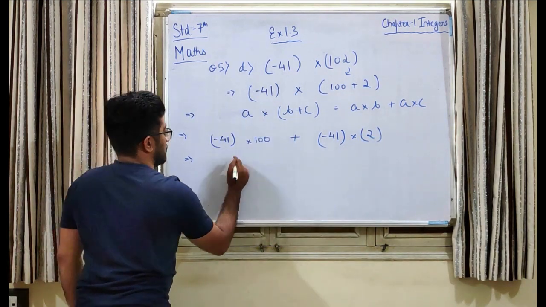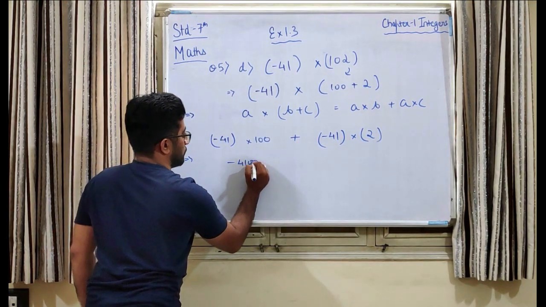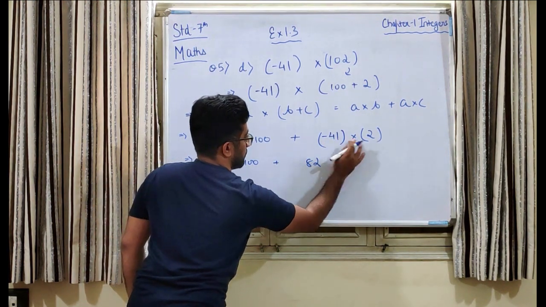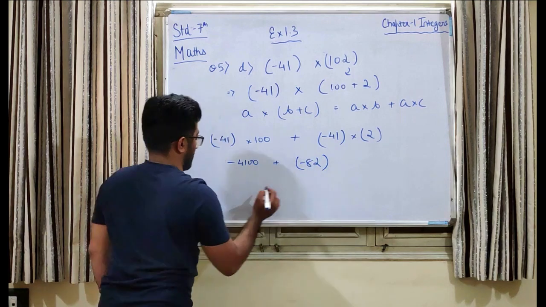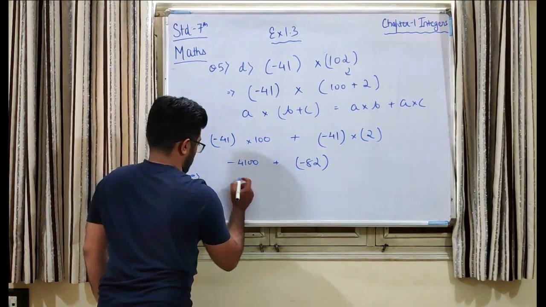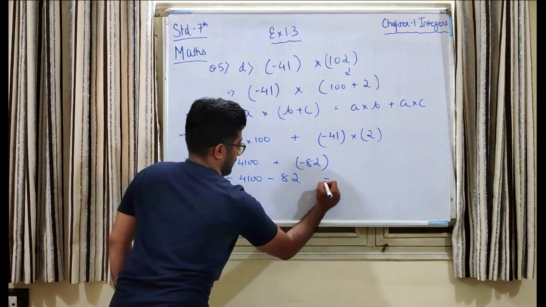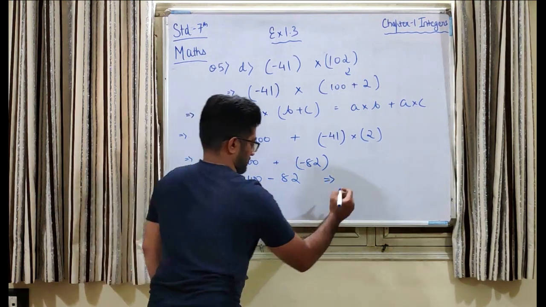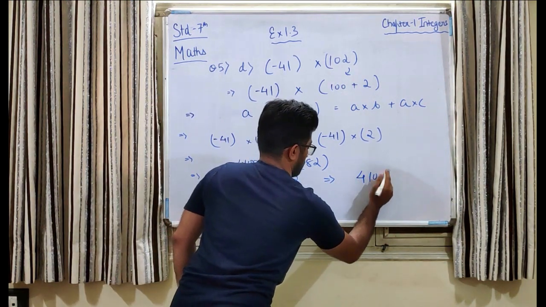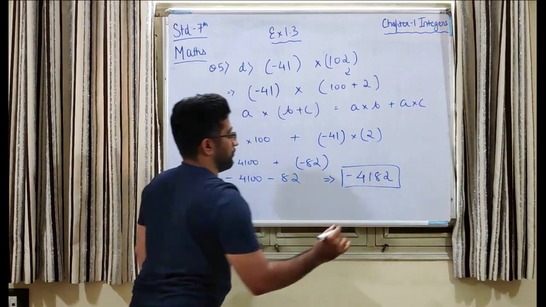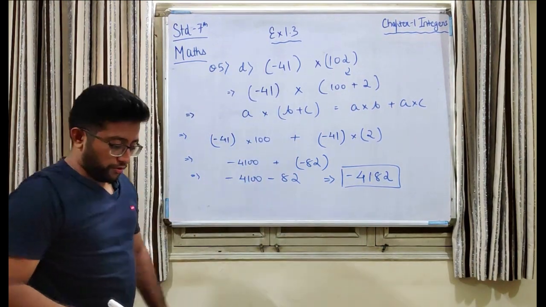So minus 41 into 100 is minus 4100, plus 41 into 2 is 82, but plus minus minus, so we will put a bracket. The final answer will be minus minus plus, sign of the greater, that will be 4182, and the sign here will be negative. Please take a note of the same.